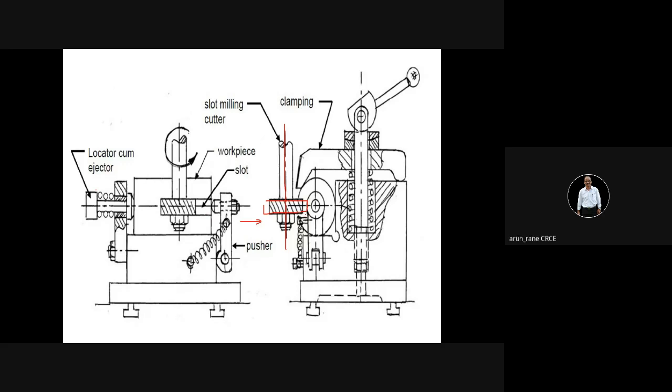You have to take care that this rotating cutter doesn't cut this piece and this piece. So this and this should be a little inside, somewhere in this region, so that it doesn't touch the milling cutter, or the milling cutter doesn't cut this.